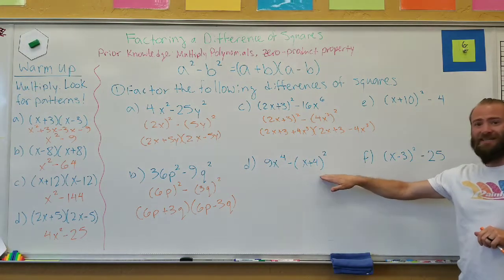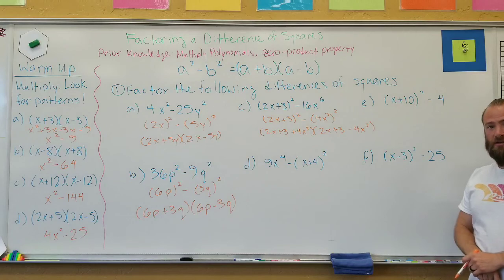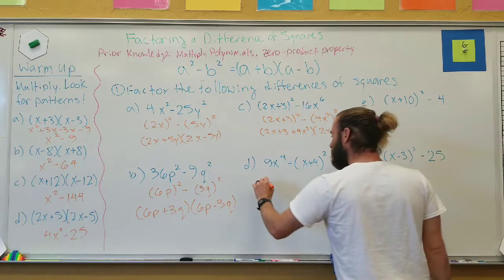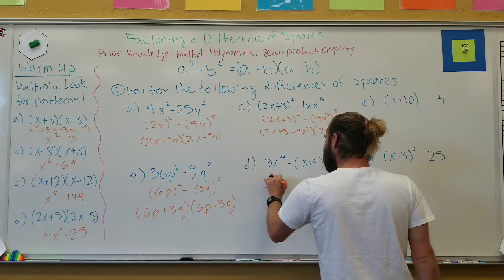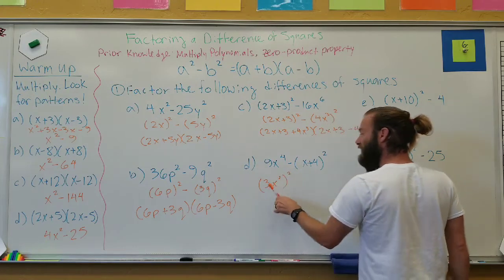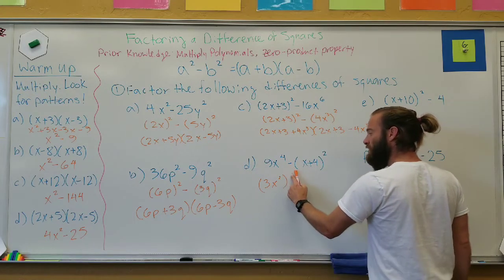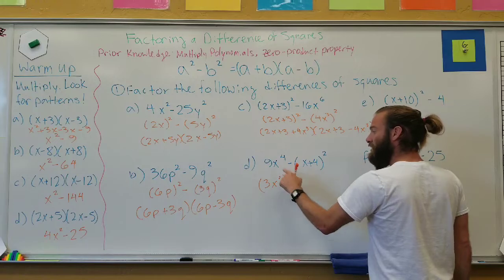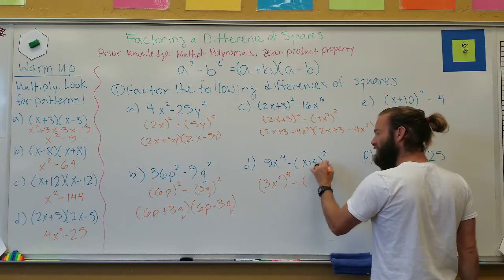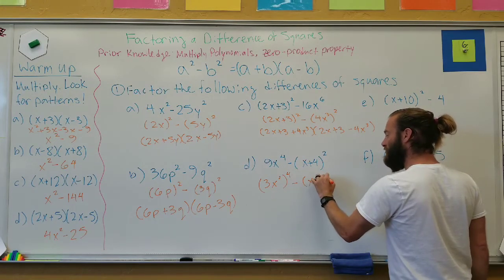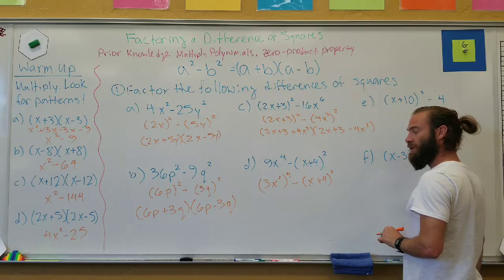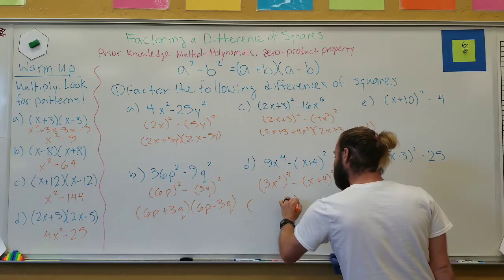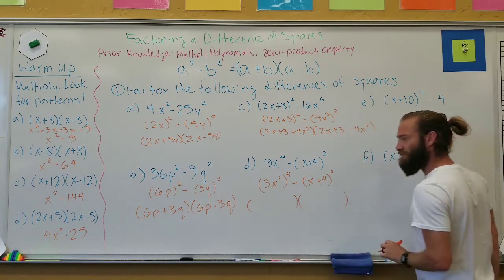Go ahead and do D, and then we'll check it together. Again, we want to write this as something squared. So you should have 3x squared squared, because that's going to give me 9x to the 4th, minus, this is already put as something squared, so we'll just leave that. And again, remember, it's just the sum times the difference of the two things.